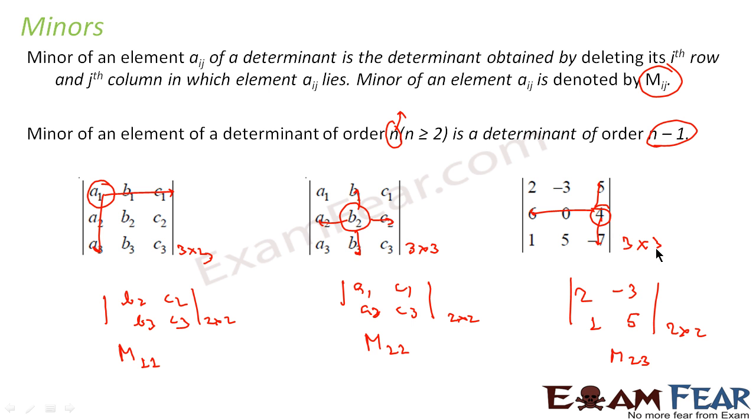So what you observe is that a minor is again a determinant, obtained by deleting the ith row and jth column, and Mij is the minor of the element aij. Correct? I think we did this when we wanted to find the determinant value. We circled an element and removed the values from its row and column.